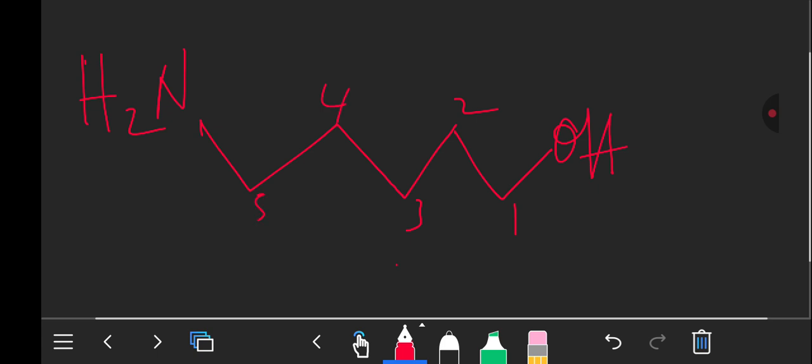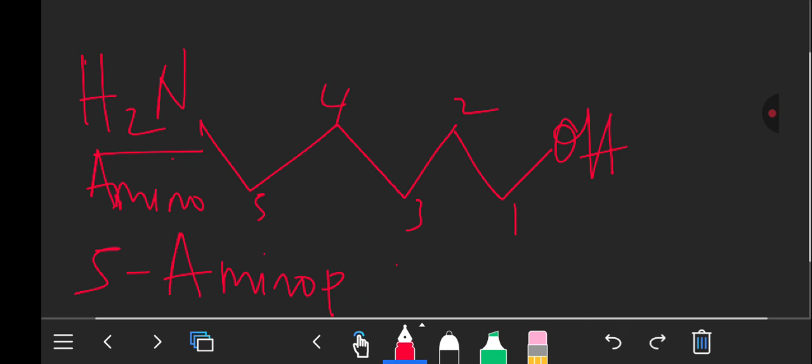There are 5 carbons in this chain, so it is pent, so it will be pentanol. But at position number 5, I have this amine group. If an amine is a substituent, the name we call it is amino. So it will be 5-amino.